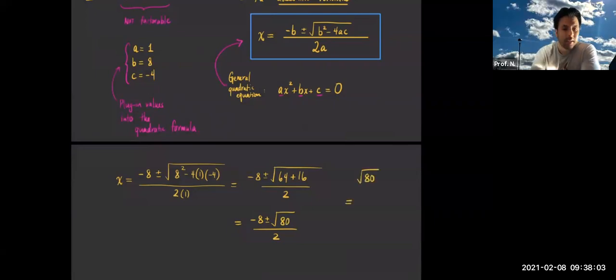So then square root of 80, can we simplify? Remember we talked about simplifying radicals a lecture ago. When we simplify, we want to find the largest factors that are perfect squares.